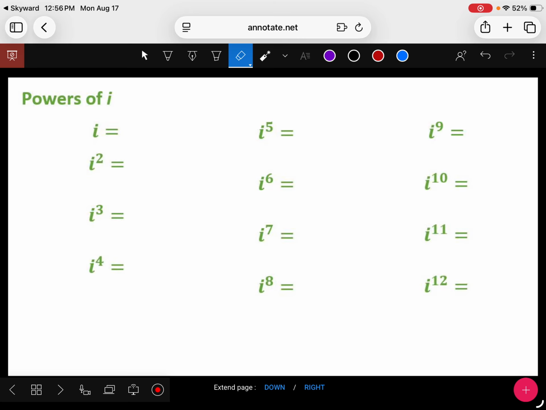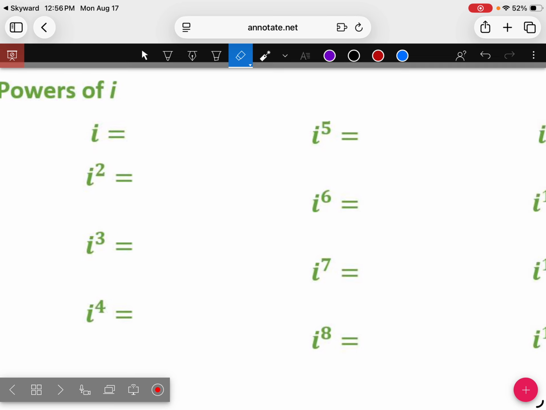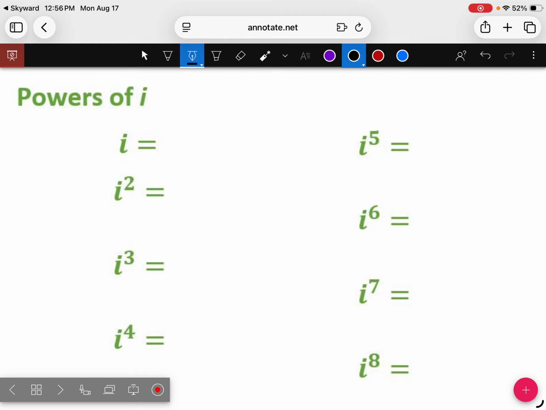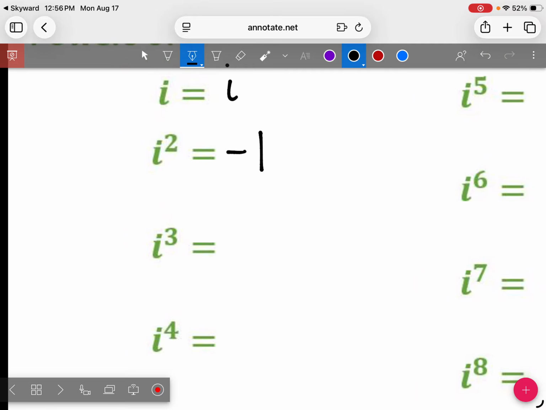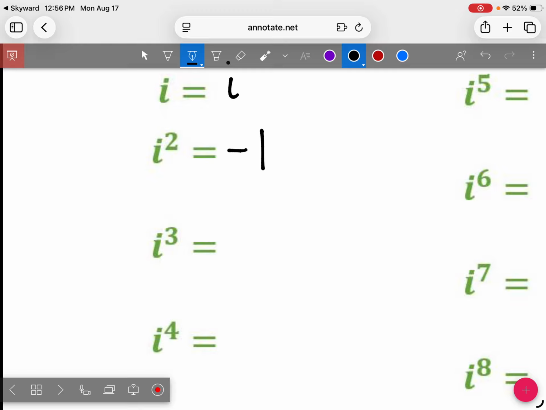All right, so let's just talk about the first column. i equals i. That's just what that equals. Who remembers what i squared is equal to? -1. All right, so now let's talk about i to the power of 3. What I'm going to do is split this 3 apart.